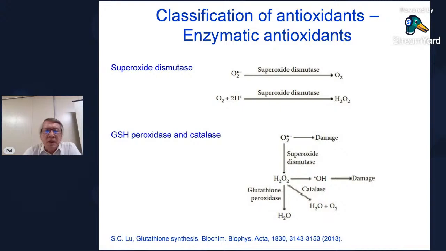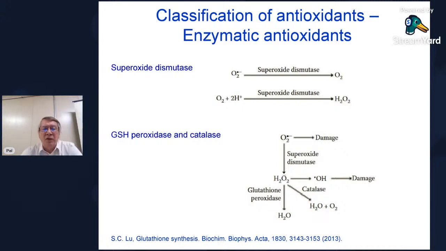Superoxide dismutase converts the superoxide radical anion to oxygen, and when the concentrations are appropriate, it can also be converted into hydrogen peroxide. So this is the two-step reaction in which superoxide dismutase converts the superoxide radical anion into hydrogen peroxide.